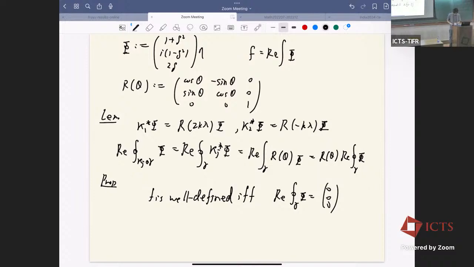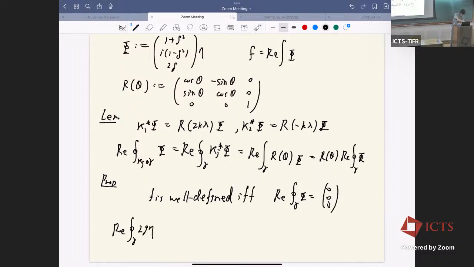Now the equation is, now we have 3 equations. This equal to 0, this equal to 0, this equal to 0. But the third component is the real part of gamma, the third component, just 2g eta.